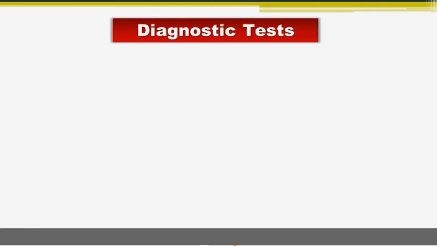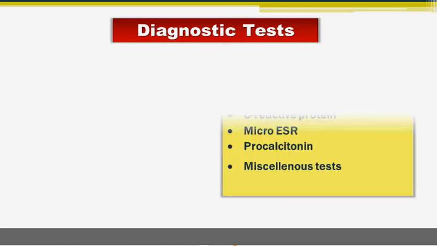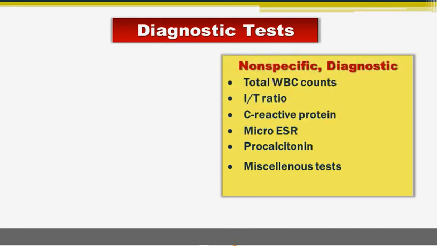Now, you have diagnostic tests or diagnostic tools. Of course you have. What are these? We can classify them into non-specific and diagnostic. What do we mean by non-specific? Diagnostic means its presence diagnoses sepsis, but it is not specific. It can increase or change in other conditions.